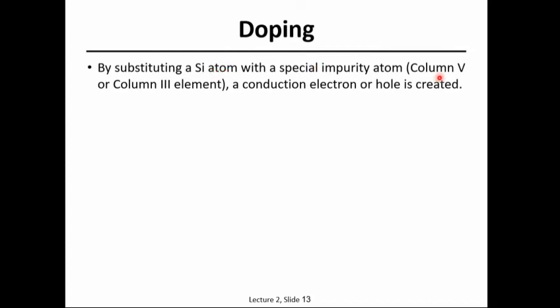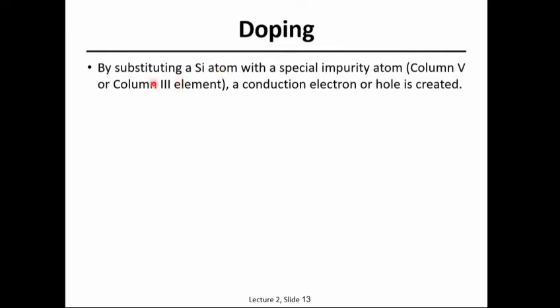We will say this is an N type, meaning giving an extra electron to the silicon, while a column 3 element has 3 electrons in its outermost shell, so it's going to take an electron from silicon, leaving a vacancy in the silicon atom.